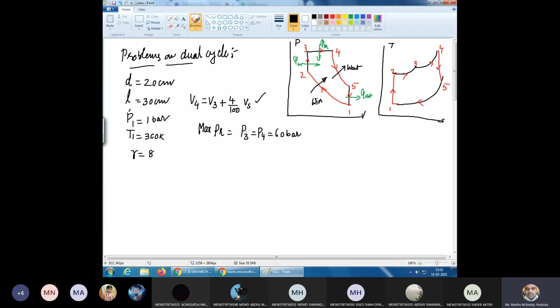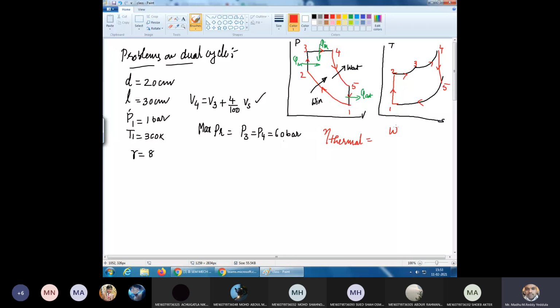Now if you recall the formula for thermal efficiency of the dual cycle, can anyone tell me? It is asking thermal efficiency, not air standard efficiency.